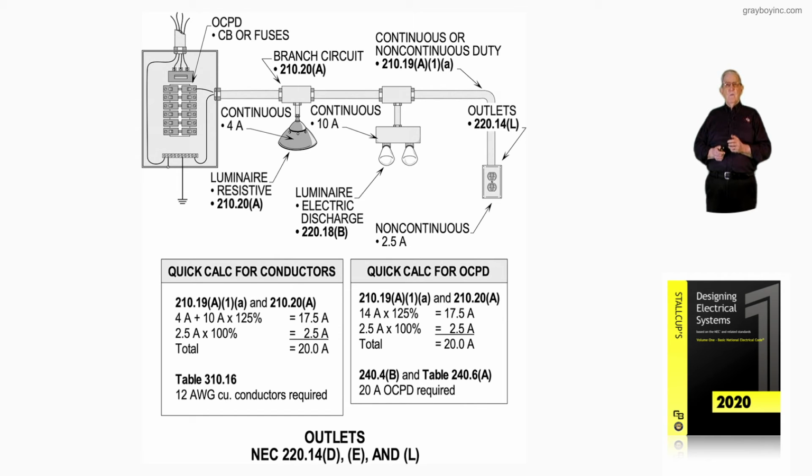So we would take 14 amps, 4 amps plus 10 to give us 14, times 125%, 17.5. 2.5 times 100% for the non-continuous load, 2.5, 20 amps. So 240.4(B), along with Table 240.6(A), would allow a 25 amp overcurrent protection device to be used on the number 12 wire calculated to the left.